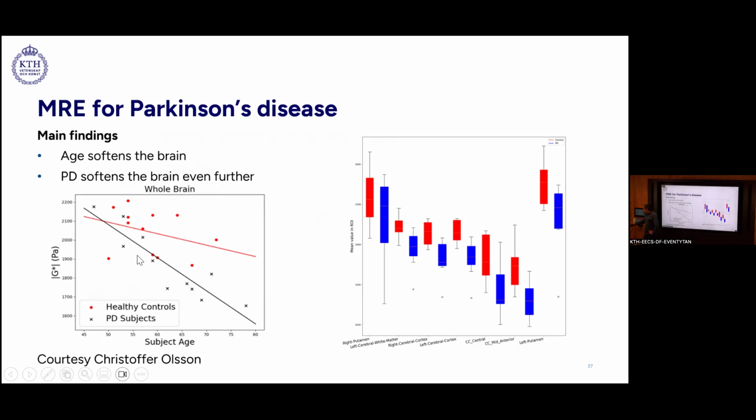But in Parkinson's patients, this slope is steeper. It's going down quicker. And you can see differences in different parts of the brain. So it's very clear that controls have stiffer brains.